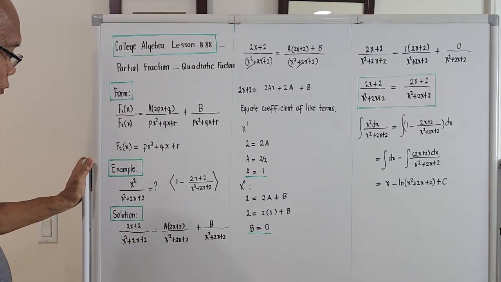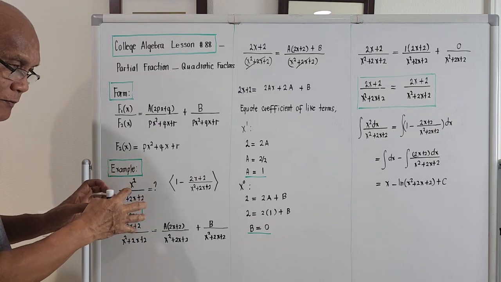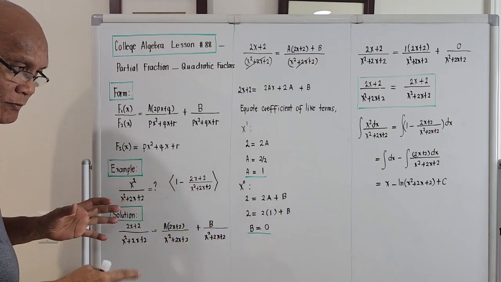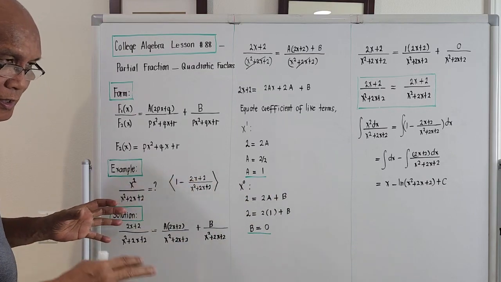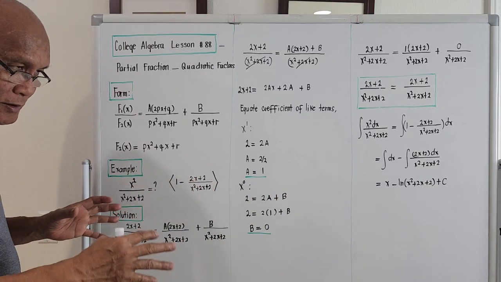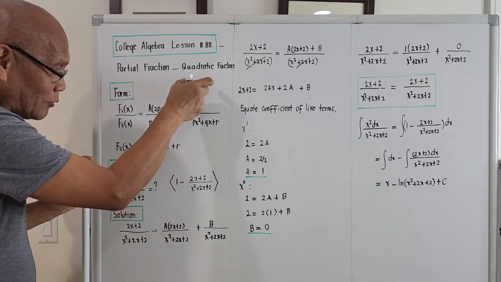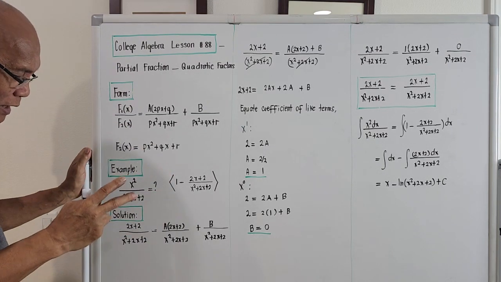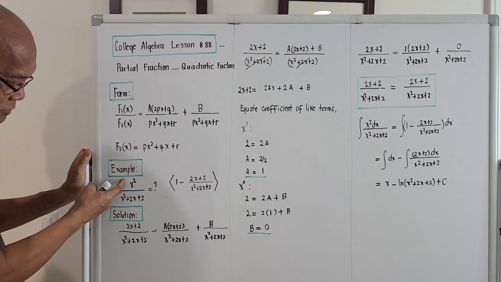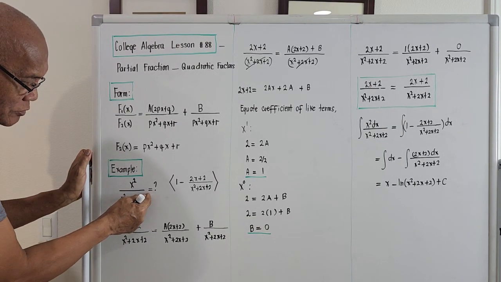The example problem will be this. I will correlate this algebra problem to an integral calculus problem, so when you reach integral calculus, you know what you are doing and how to apply the importance of partial fractions involving quadratic factors. The given algebraic expression is x squared over x squared plus 2x plus 2, and this should be equal to what?